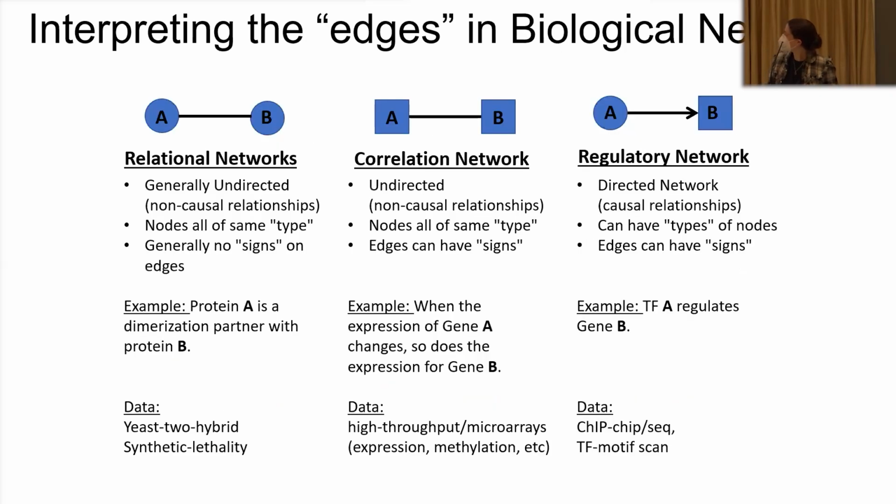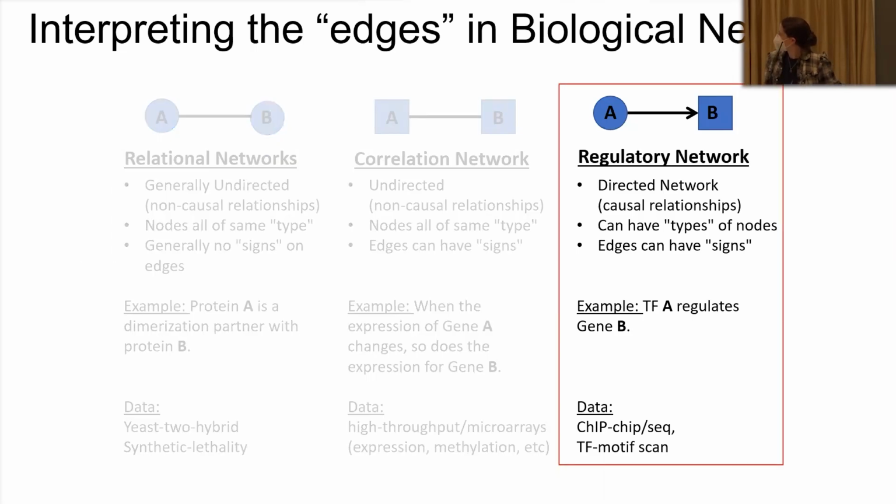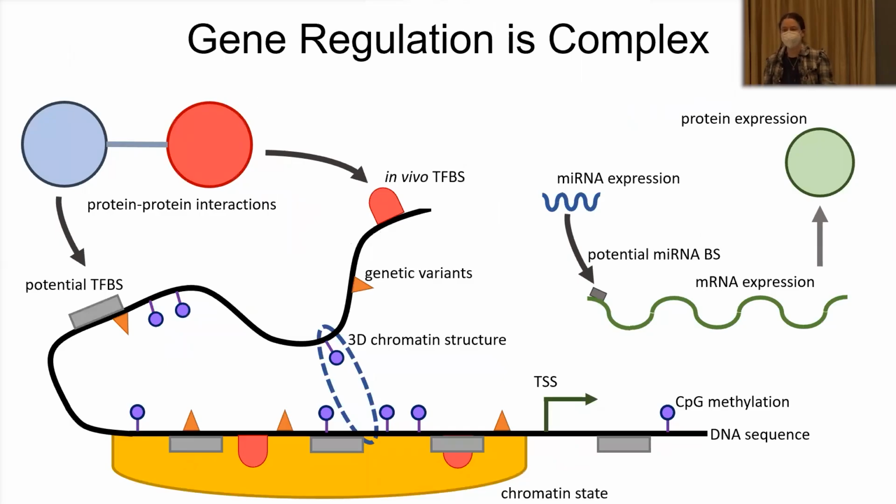Which leads me to my second type of network that I'm going to touch on in this section, which is regulatory networks. In particular, I'm going to talk about gene regulatory networks because that's the one I know the most about, but this could also be things like metabolic regulatory networks. All right, regulatory networks. Gene regulation is incredibly complex, and if we weren't trying to cover every single topic in this field, I could probably spend 10 minutes on this slide talking about all this different data and all the different caveats and what it means.